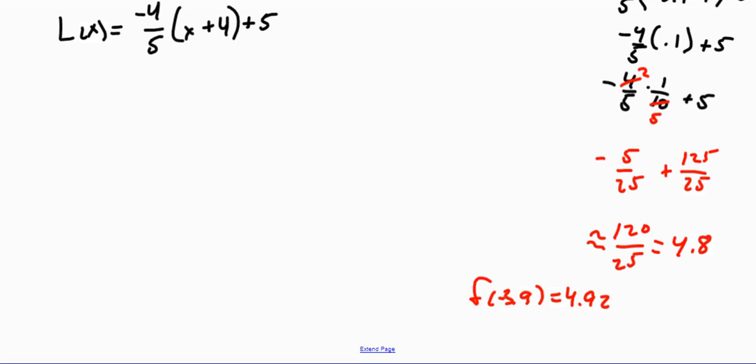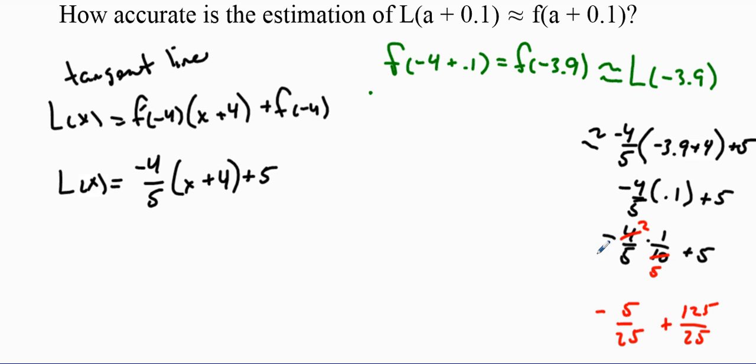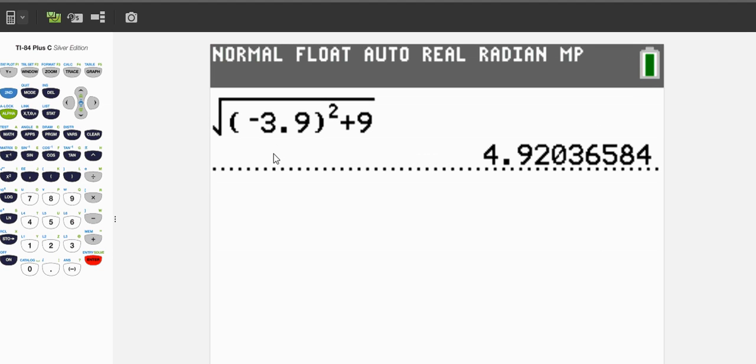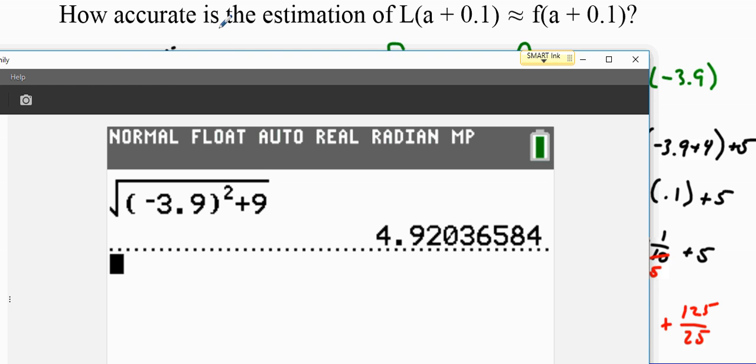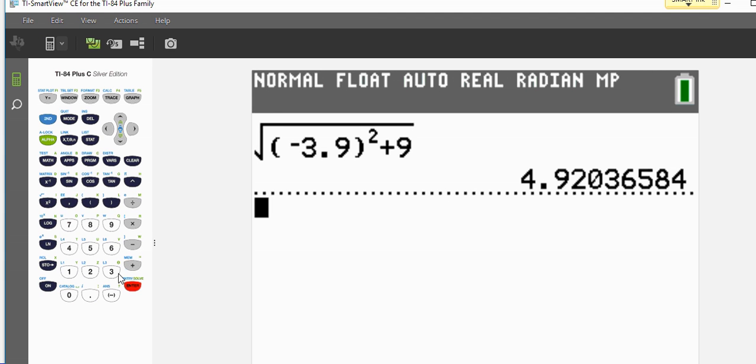If we compare these two, not the best approximation. I'm just going to make sure I did all this right. I'm going to use my calculator: -4 fifths times 0.1, and we got plus 5.